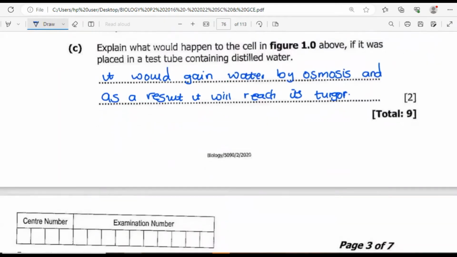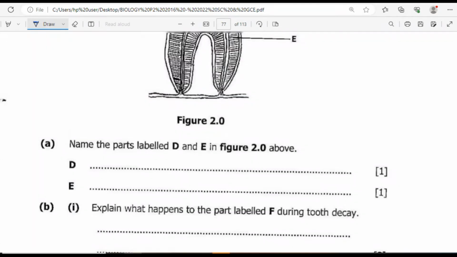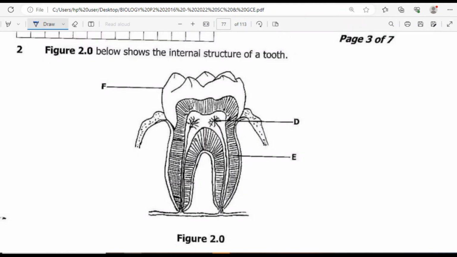Now let's dive into question 2. Under question 2, we can see that we have a tooth. So figure 2.0 shows the internal structure of a tooth. It is very important, as you are studying, that you also look at the structure. And in my school journey, I've come to see that biology is all about the diagram.